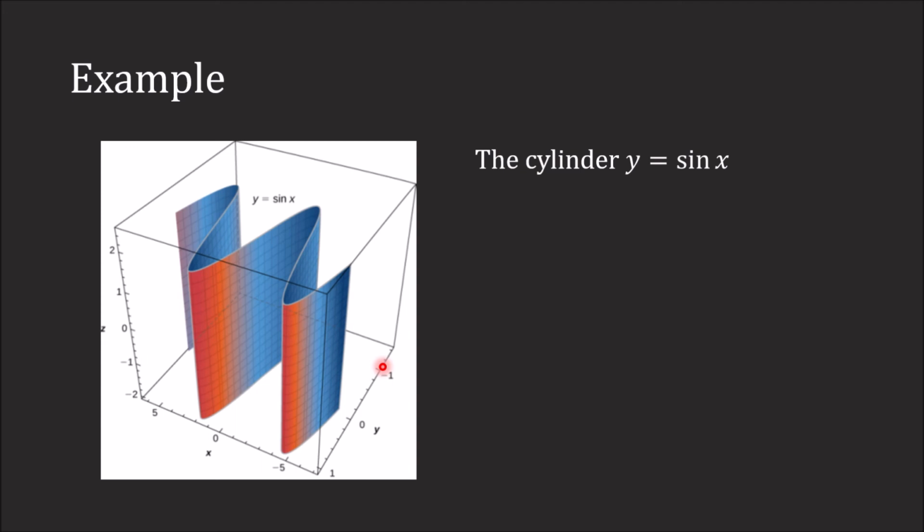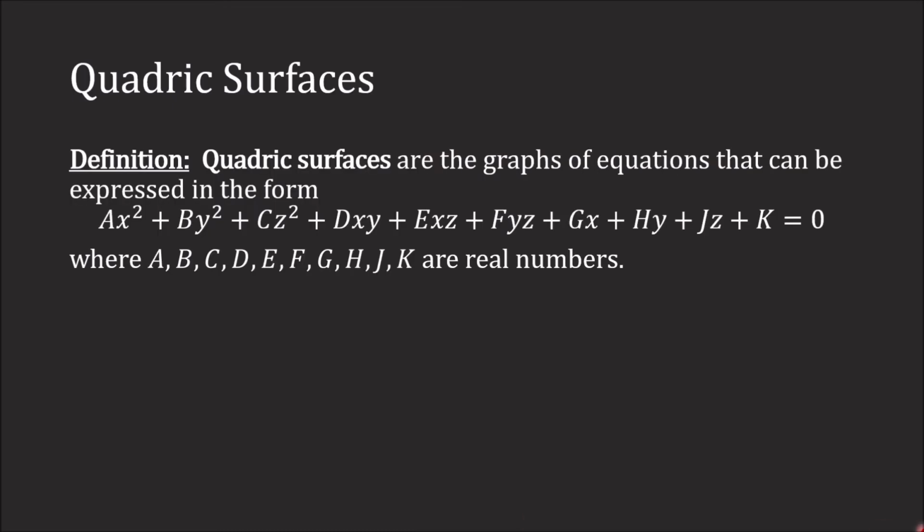Well, that's as far into cylinders as I want to get. I'm more interested in the more interesting surfaces. These are called quadric surfaces. So quadric surfaces are the graphs of equations that can be expressed in the form of this general 3-variable second degree polynomial, where each of the coefficients are real numbers.